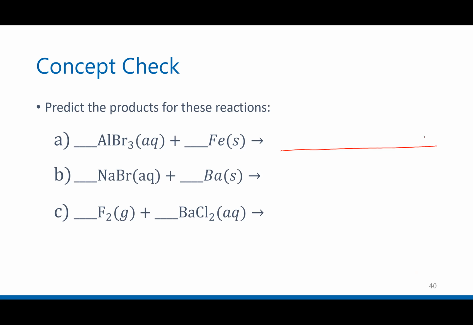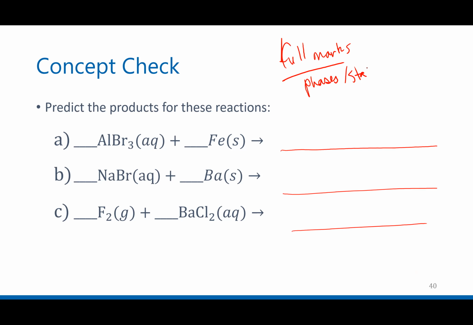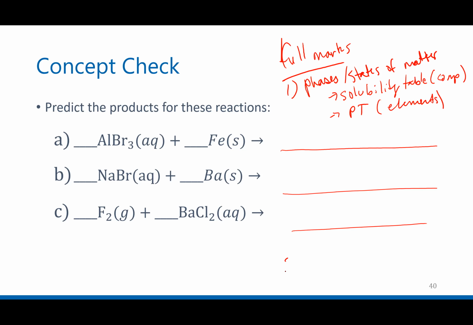When you write your products over here, for full marks I need the phases or states of matter, which means you're going to have to use your solubility table for compounds, and you'll have to use your periodic table for elements. The other thing you need to know for full marks is you need to balance these.